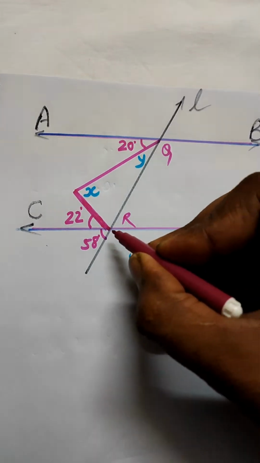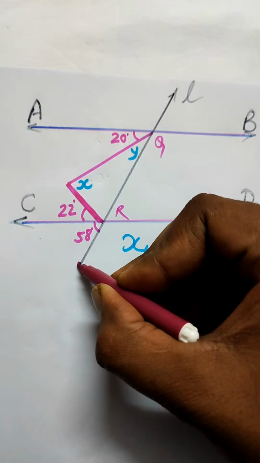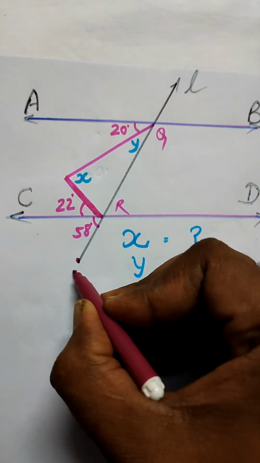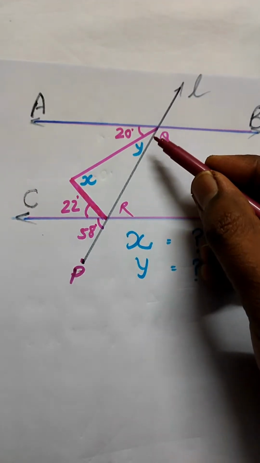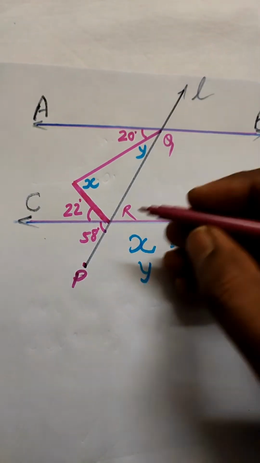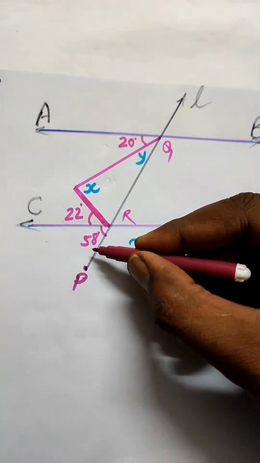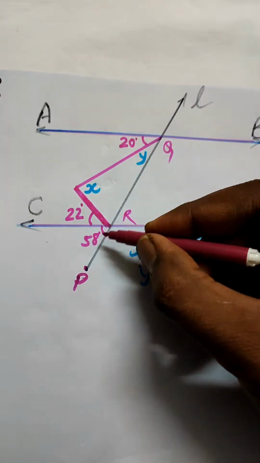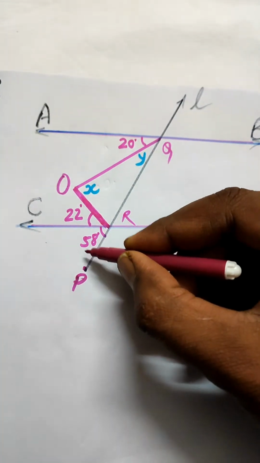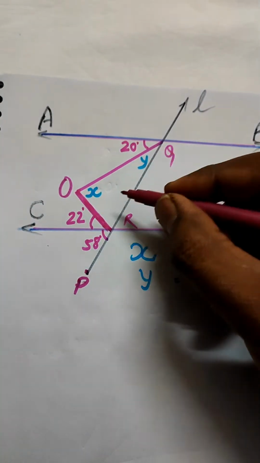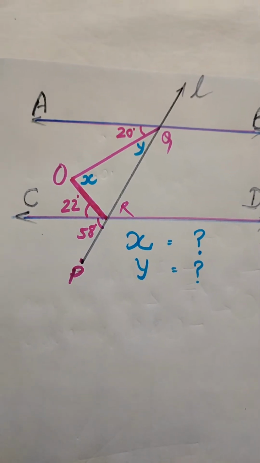Here you can see that if this is, let's say, P, then we can say PRQ is a straight line. If PRQ is a straight line, then the sum of angle CRP, CRO and ORQ will come as 180 degrees, right?